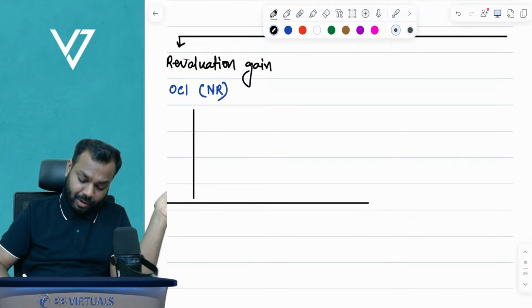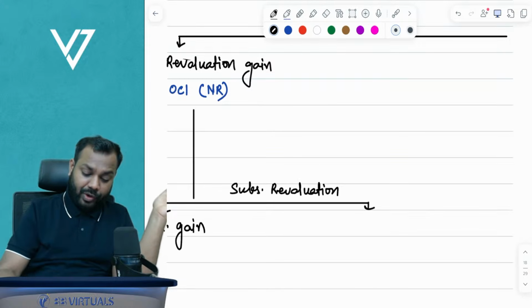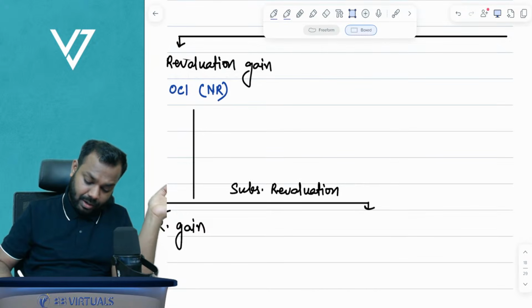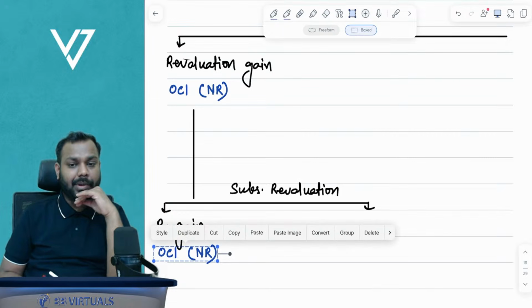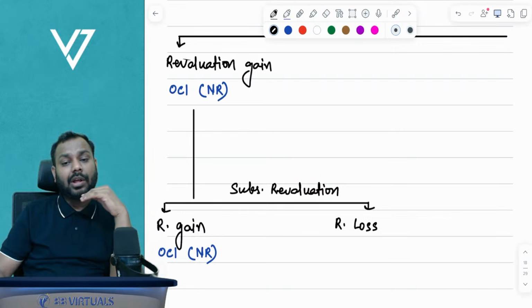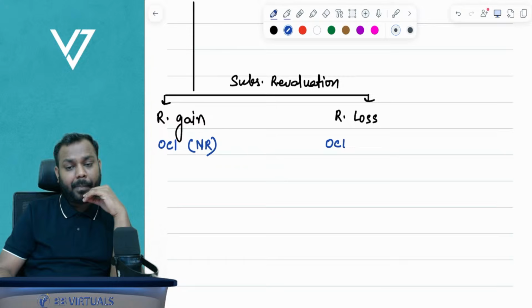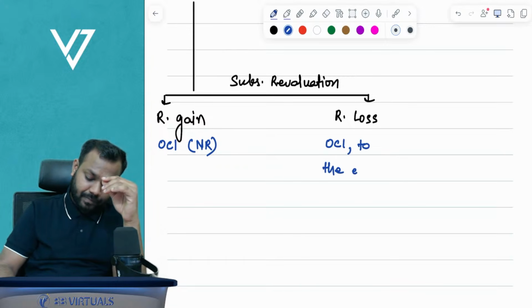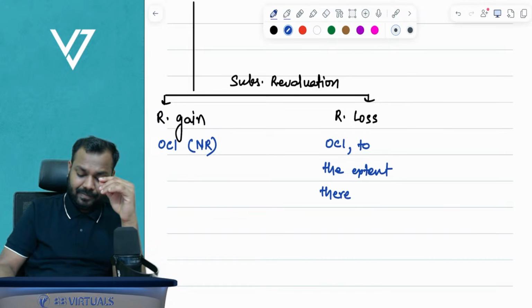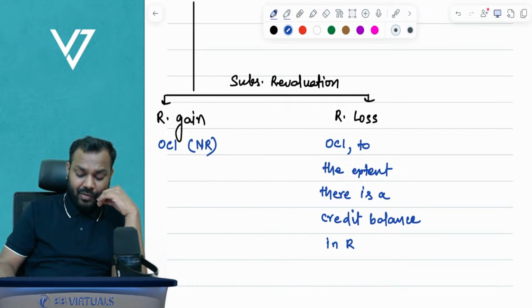If you again get a revaluation gain, same thing, copy paste: OCI, non-recyclable. But if you get a revaluation loss, that also has to be recognized in other comprehensive income, but only to the extent there is a credit balance in the revaluation reserve.